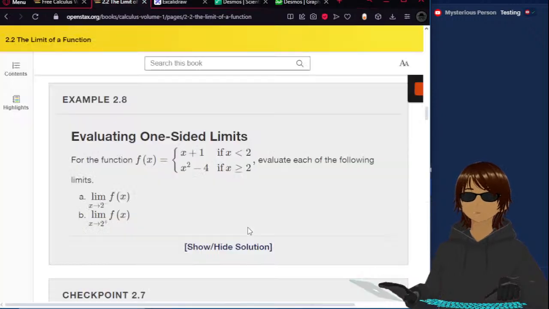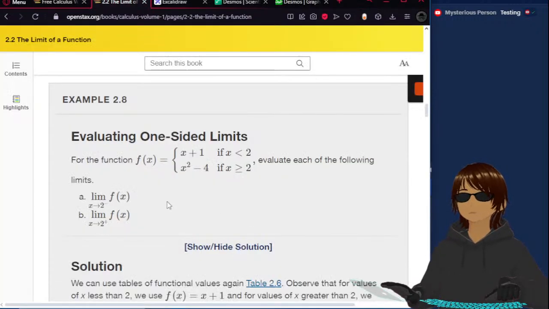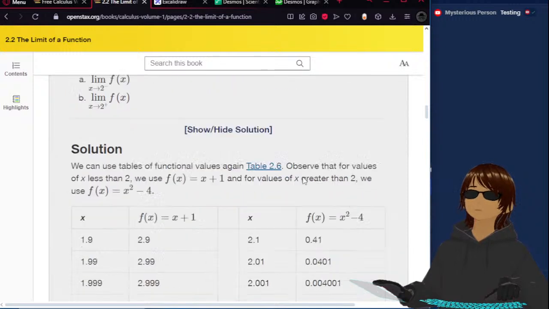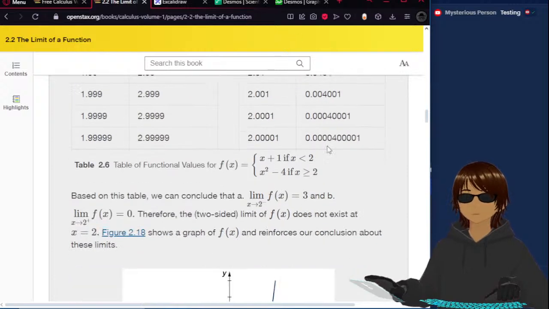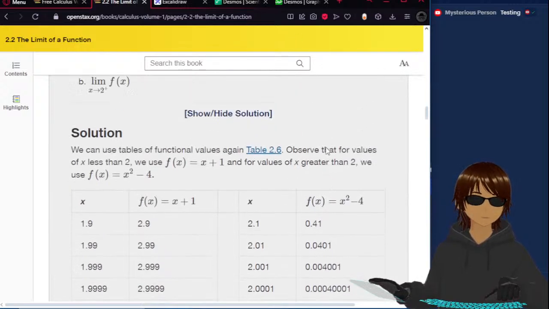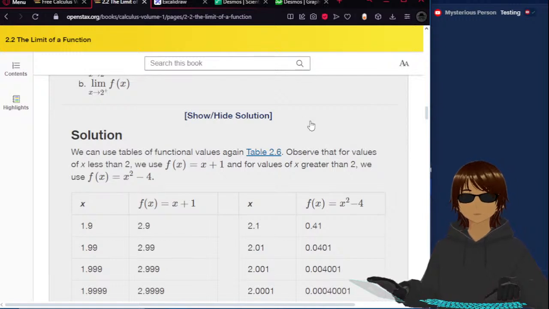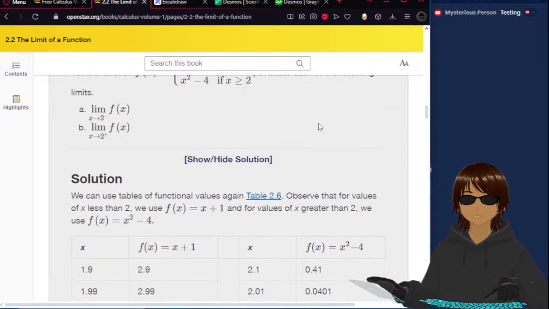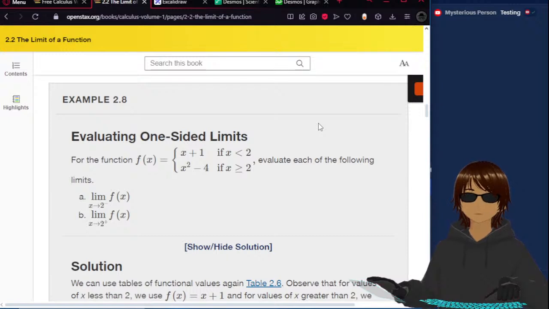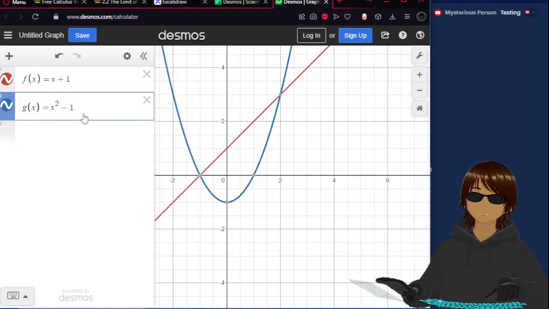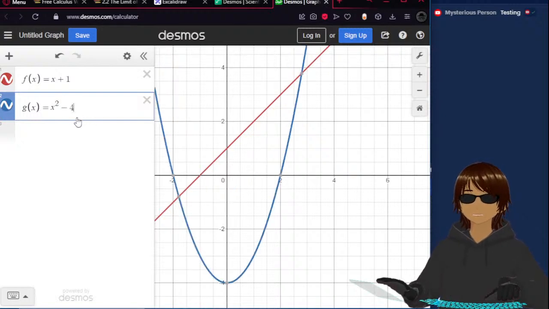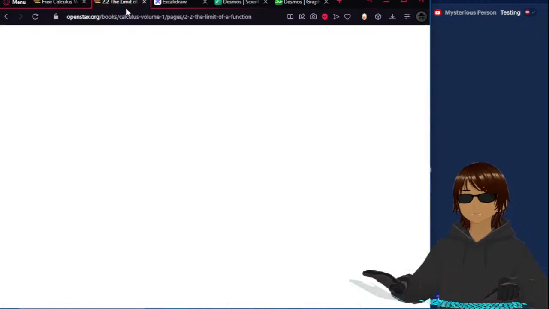Isn't it 3 for both of them? Did I write the graph wrong? Oh, it's minus 4. Yeah, this is 0. Then this would be 3.